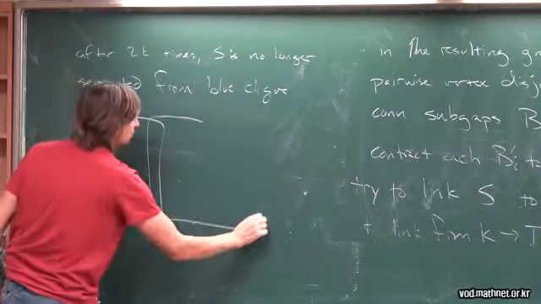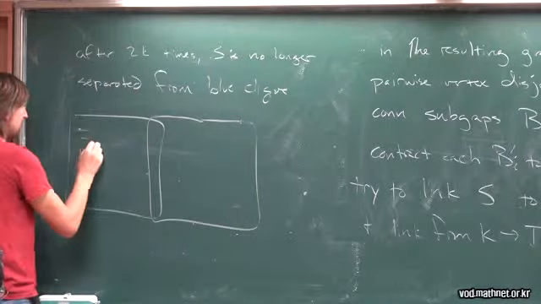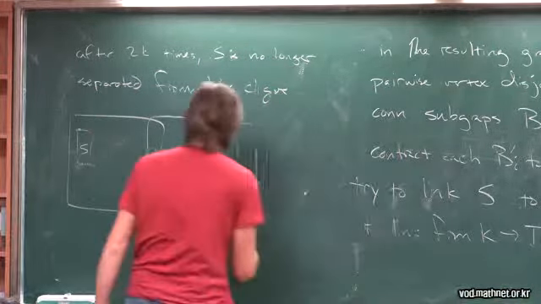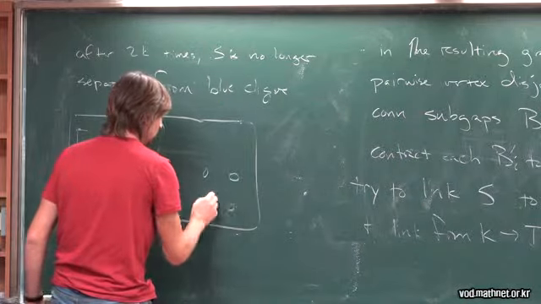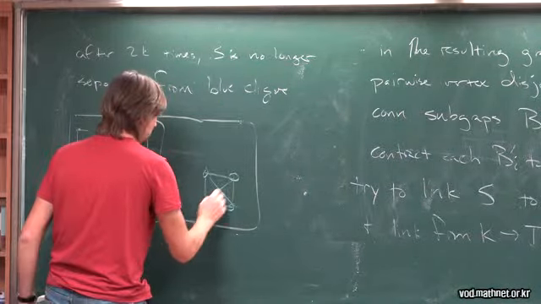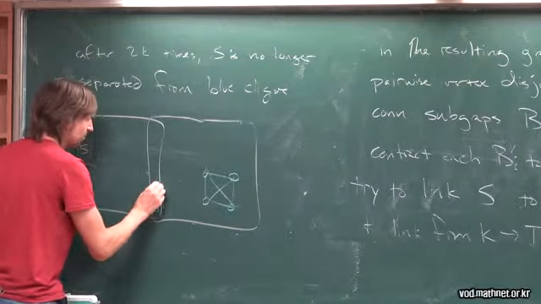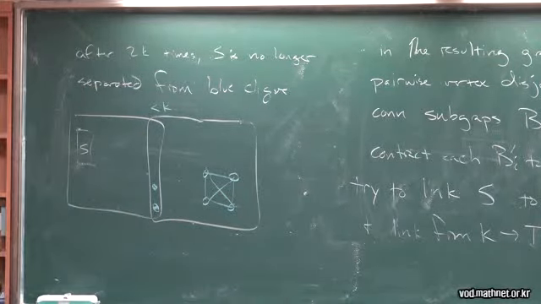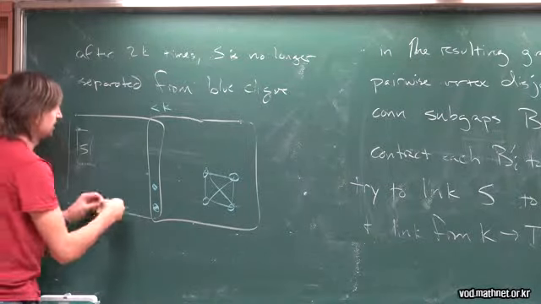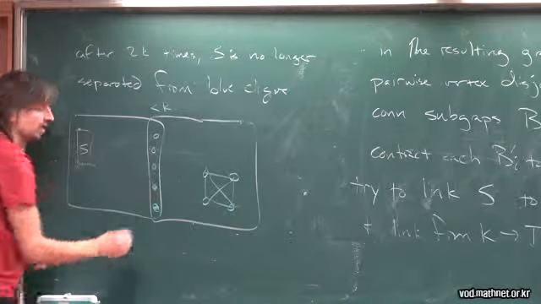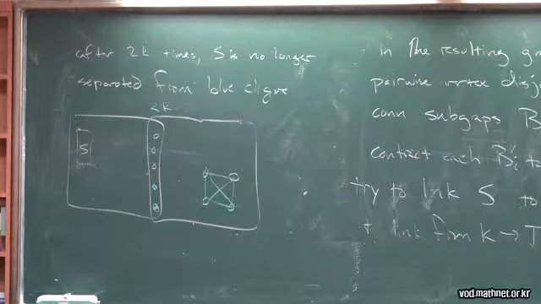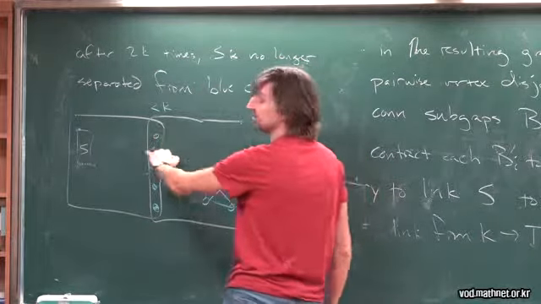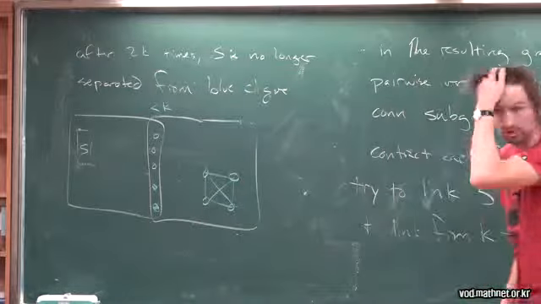Well, assume it was, right? So again, here's my set S. Here's my blue clique, and assume that I again had a less than K cut separating. So it has some blue vertices in the cut set and some original vertices here. Right? Okay, so look at the original vertices here. There's at most K of those.